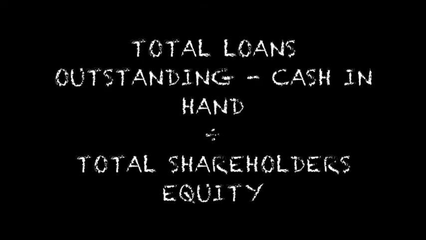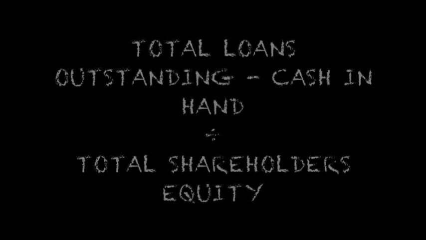Another version is the net gearing ratio, computed by taking the total loans outstanding at the balance sheet date minus the cash available at the balance sheet date, and dividing that by the total shareholders' equity. For any of these three versions, a higher resulting number means higher leverage being used by a company. That means the debt element of the company's capital is higher.